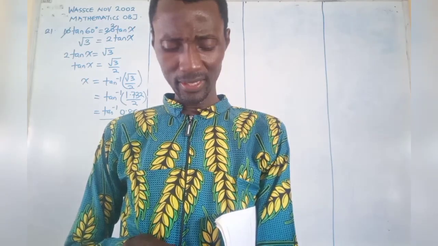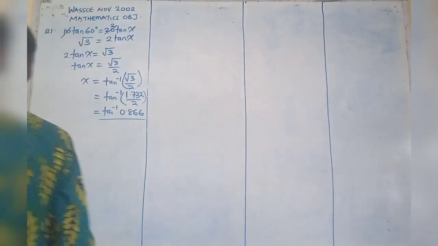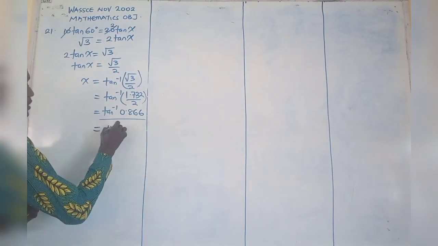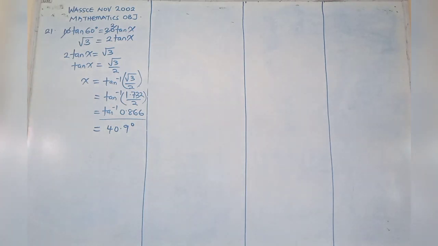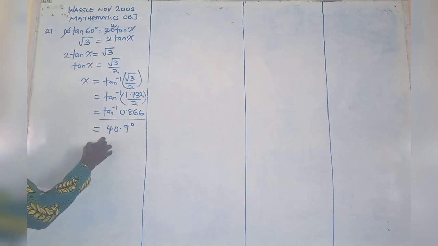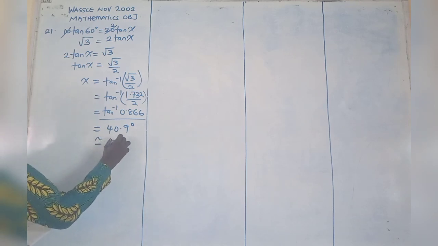So by my check, it's like 40 under almost 9. So I'll just say that will be 40.9 degrees. So you read from inside the table to out of the angle you're looking for, and you are told to approximate to the nearest degree, and that will be 41 degrees.